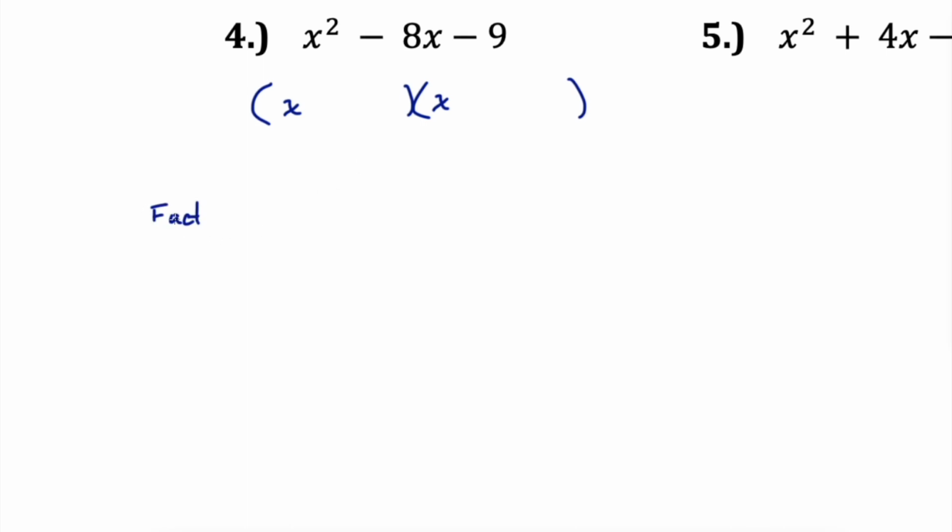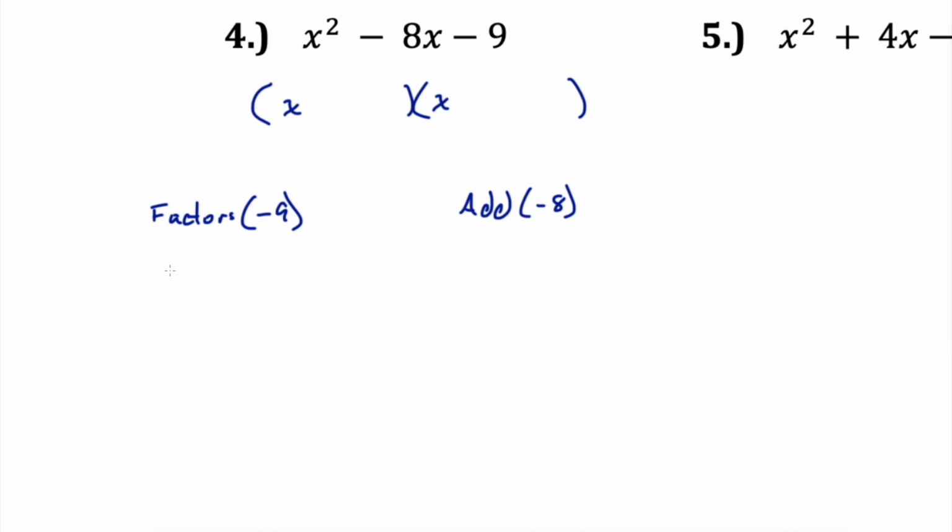Now this time it's negative, okay? So we've got a factor of negative 9, and they add to negative 8. So because it's a negative number, it means we have to have a positive number and a negative number as the factors, right? They add to negative 8.